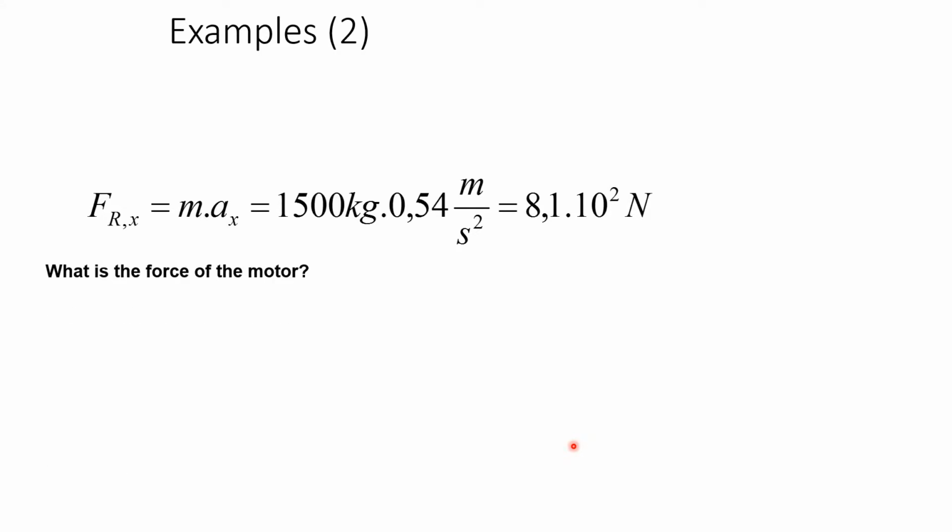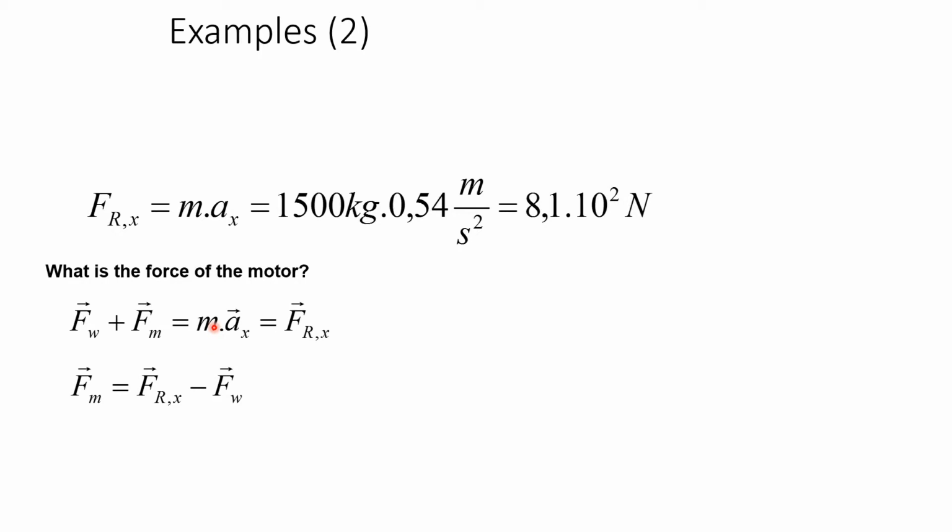What is the force of the motor? Because this is the resulting force. Now the force of the motor has to be bigger because it also has to conquer the friction force, which means that the friction force and the motor force, vector speaking, and look at the vector signs, give the resulting force.